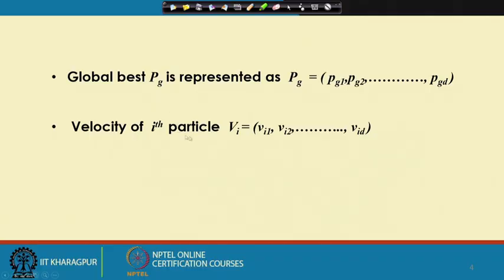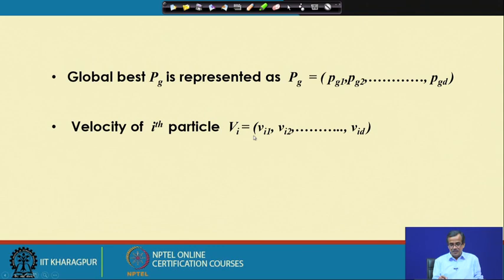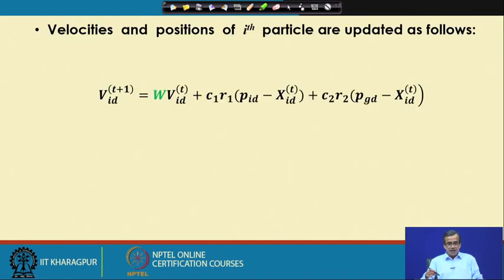The velocity of the ith particle is denoted by capital V i, and that is a collection of small v i1, small v i2 up to v id, because this is in d dimensions. Once I have got the velocity update, I can update the position also. Now, I want to discuss in more detail how to update this velocity.